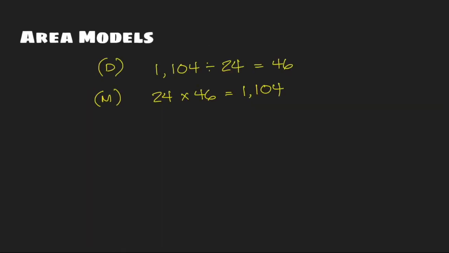Now, the last thing we need is 24 rows and 46 columns, creating 1,104 little blocks, because that would be incredibly large. But what we're going to do is draw a box. On our box, it doesn't matter, the commutative property gives me a little freedom.